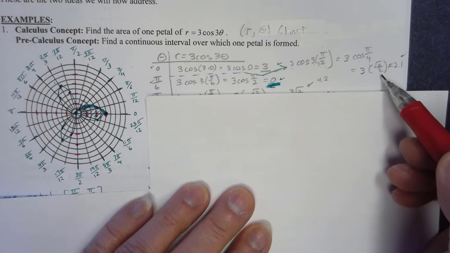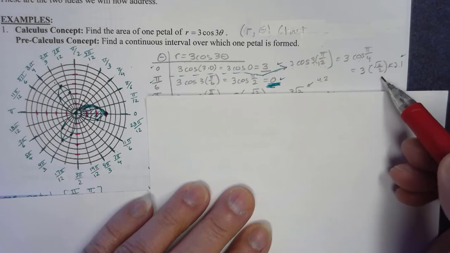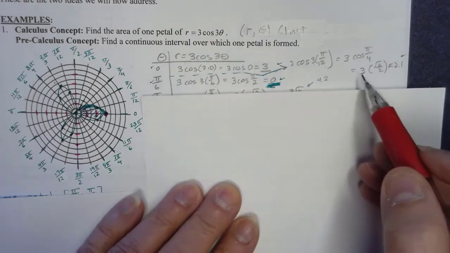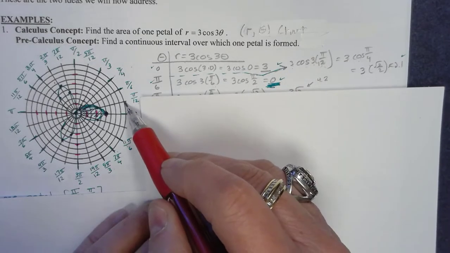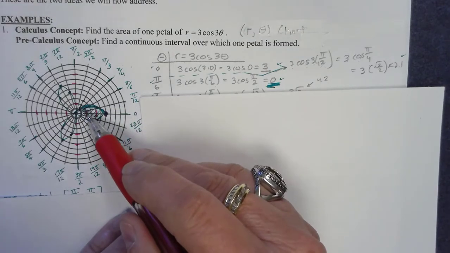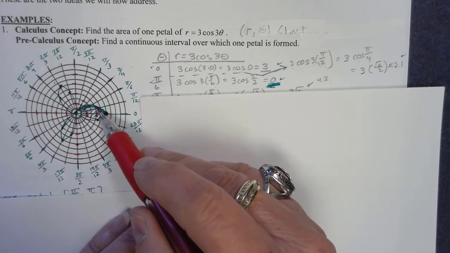Square root of 2 is about 1.4, so 3 times 1.4 is about 4.2. Divide by 2 is about 2.1. Close enough at pi over 12, which is right here. I'm going to go out on this radial arm 2.1. So on this thing, 1, 2, and very close, just a little bit bigger.